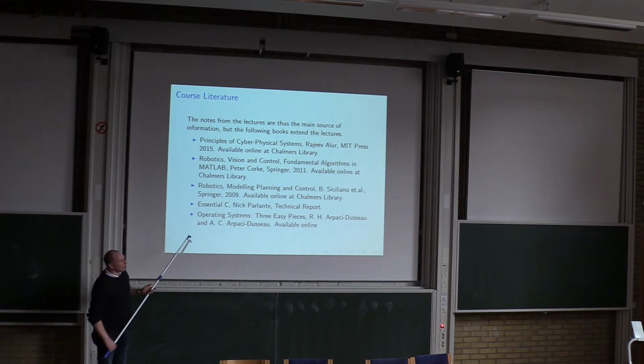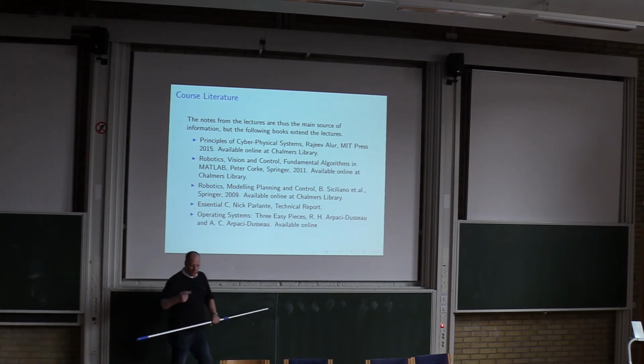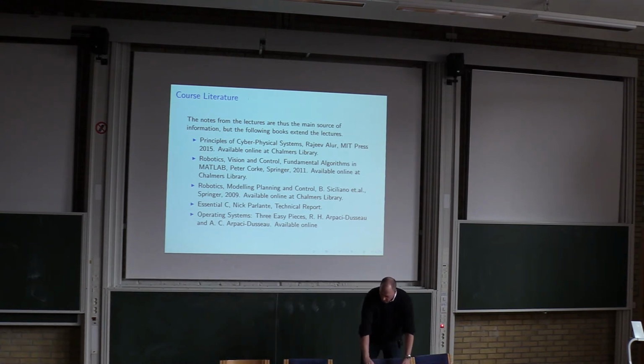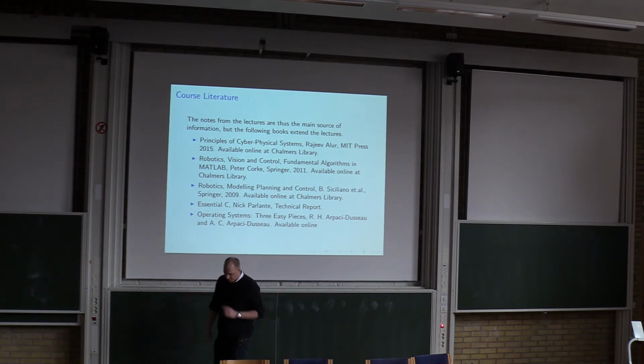Then we will have Essential C for how to program in C. And we will talk about real-time operating systems and scheduling techniques. And then there is another really nice book available online called Operating Systems: Three Easy Pieces, that you can read if you need more background than what I'm able to bring up in the lectures.